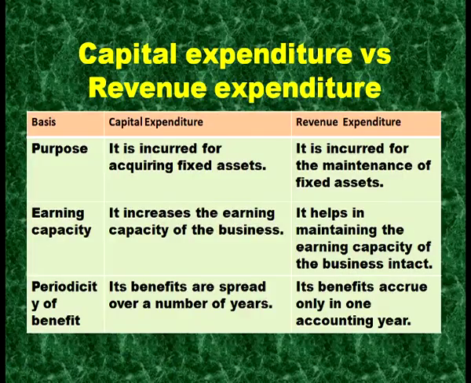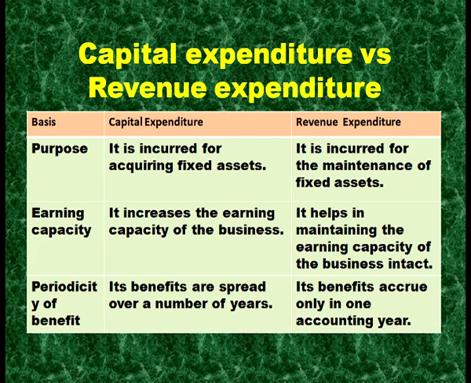Now, we have studied capital expenditure and revenue expenditure. Let us try to differentiate between the two. If you see the purpose, capital expenditure is incurred for acquiring fixed assets, but revenue expenditure is incurred for the maintenance of the fixed assets. For example, if you increase the seating capacity of a cinema hall, that is a capital expenditure.